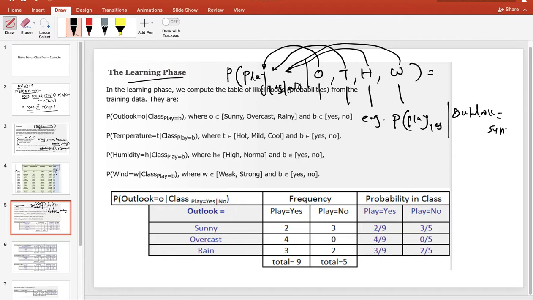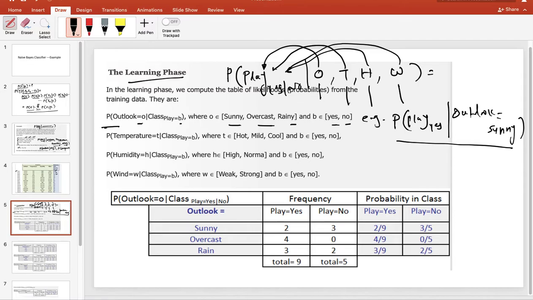We'll need this probability because that's precisely the formula of the naive Bayes classifier. So we need to compute the probability of outlook equal to O and class play equal to B. This O will take values sunny, overcast, rainy, and this B play will take the value yes or no. So we'll need to compute these probabilities.